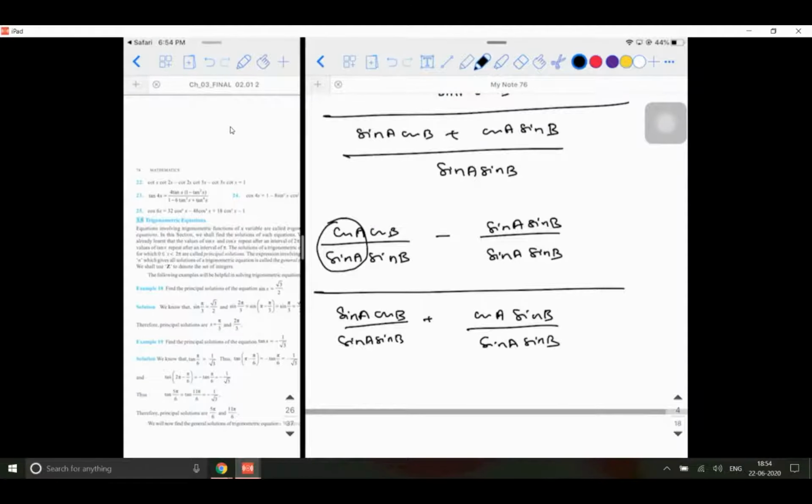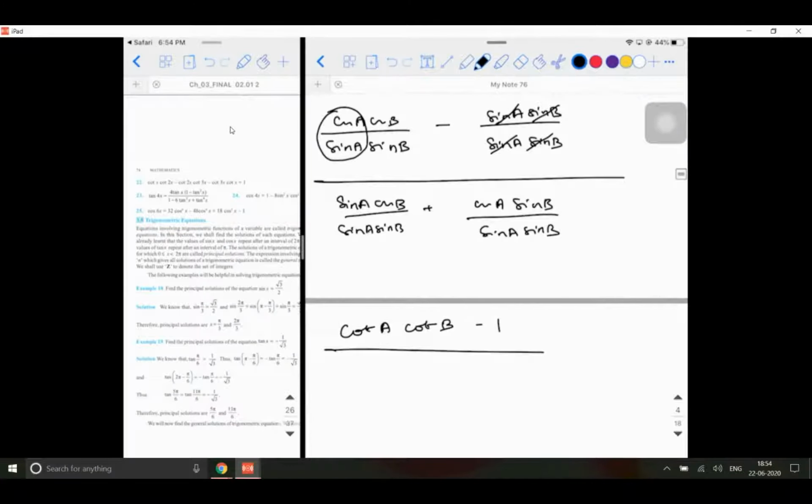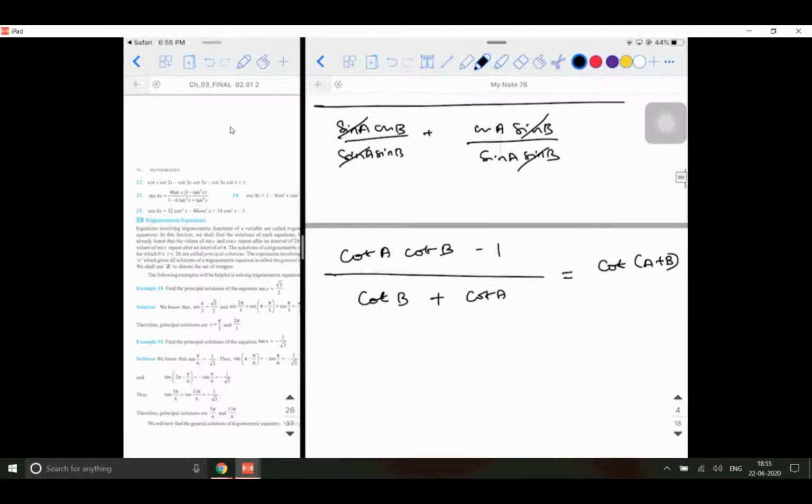Cos A by sin A is nothing but cot A. Cos B by sin B is cot B. Sin A and sin A will get cancelled, sin B and sin B get cancelled. So the result is cot A cot B minus 1, divided by cot B plus cot A. So this is the formula for cot of (A plus B).